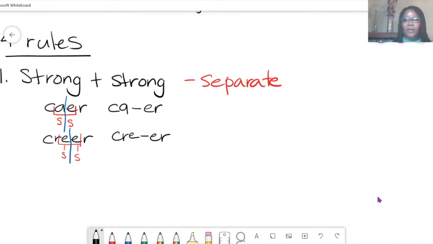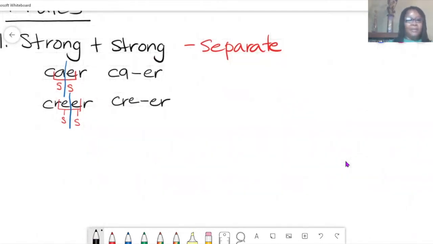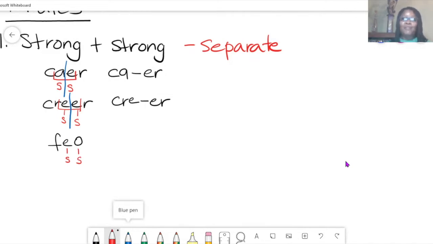Let me do one more example of this strong plus strong vowel rule. Another example, very short word, but very relevant just the same. Two strong vowels: we have our E being a strong vowel, and our O also being a strong vowel. In spite of the fact that the word is so short, the rule still applies.